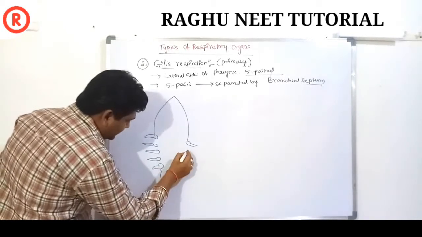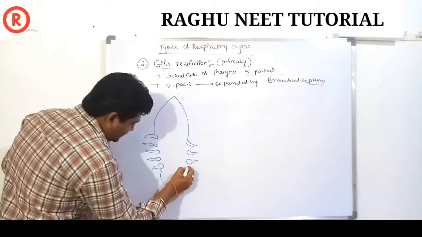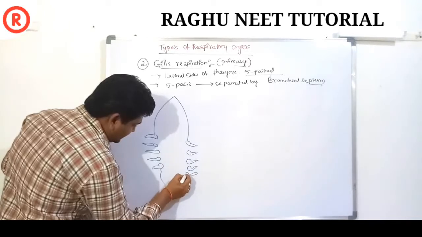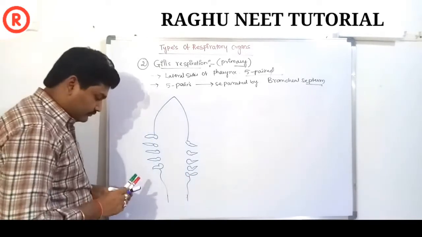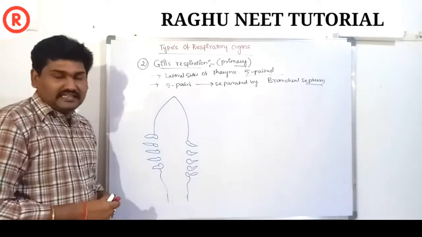This side is also the same. The gills have gill lamella. The last one connects with the body, the thoracic region. So these are 5 pairs: 1, 2, 3, 4, 5. 5 pairs of gills are there.